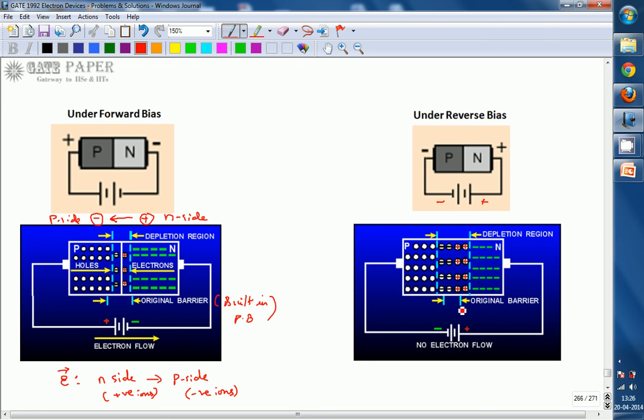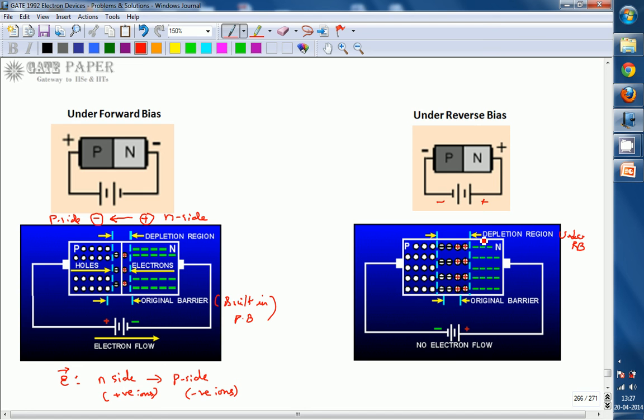Again you can check, this is the original built-in potential barrier under open circuit. And this is the depletion region under reverse bias. The depletion region increases, and it consists of immobile ions, positive ions on the N side and negative ions on the P side.